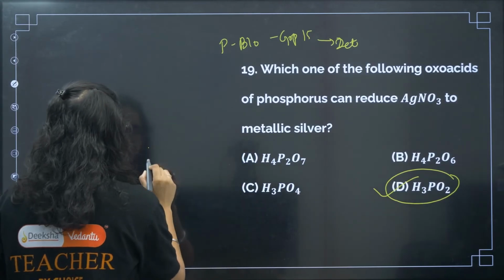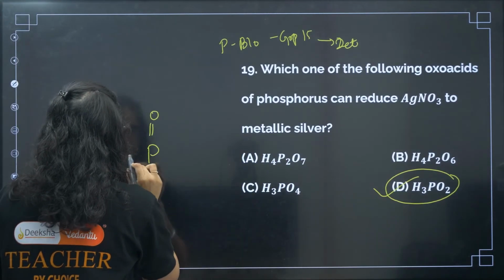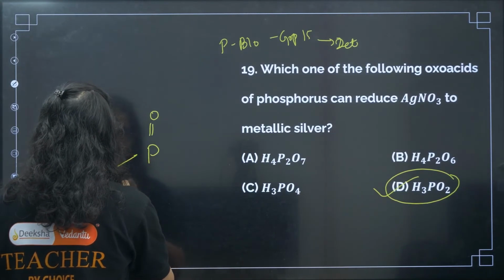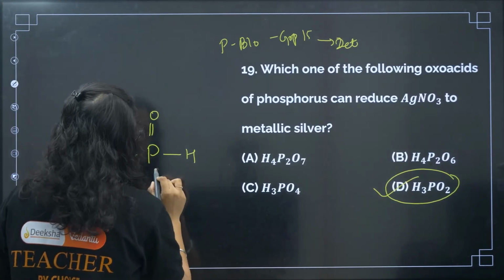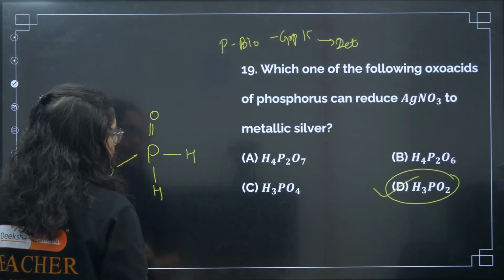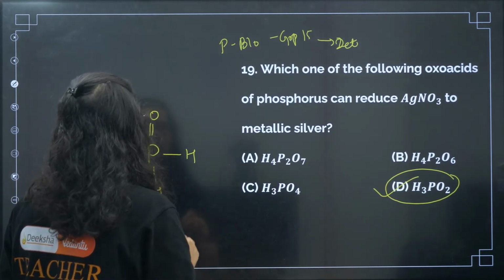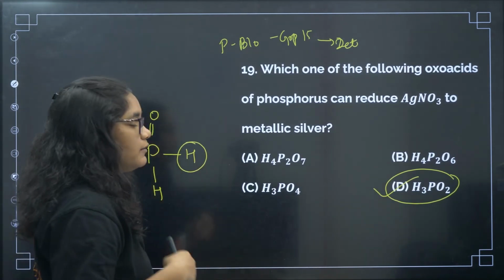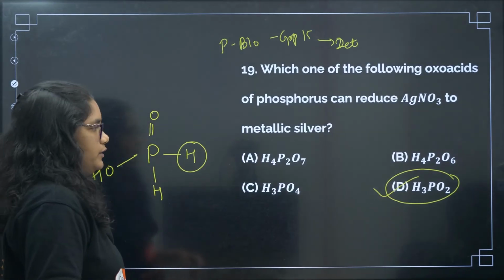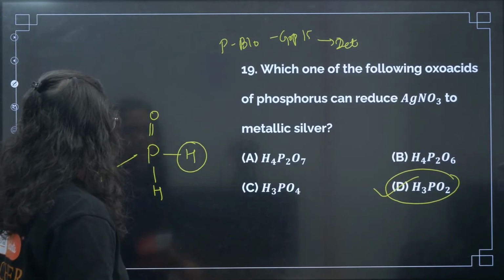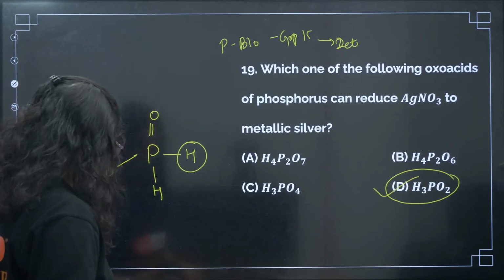If you see the structure of this one, it is PO, then we have OH, and there is one hydrogen which can reduce the AgNO3. So the correct answer for this question will be option number D.